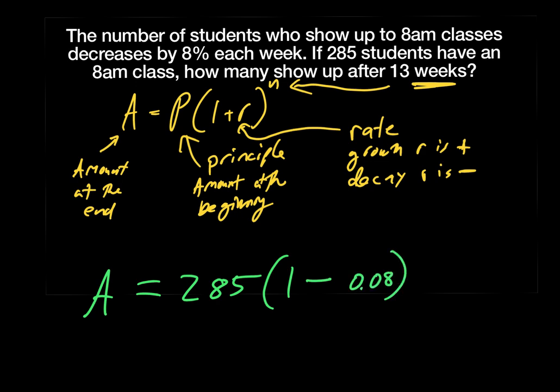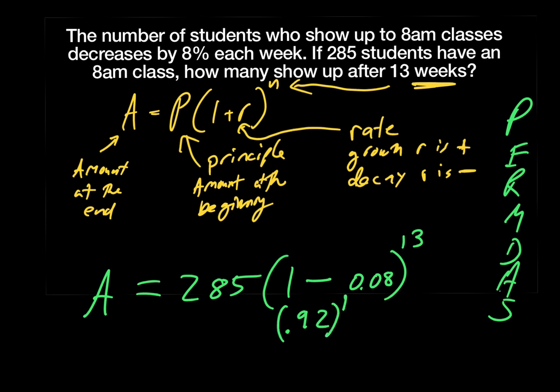Do I know N? It's 13. And now we have to make sure that we do order of operations. Parentheses first: 0.92. That's parentheses. Then I have to do my exponents: 0.92 to the 13th power.